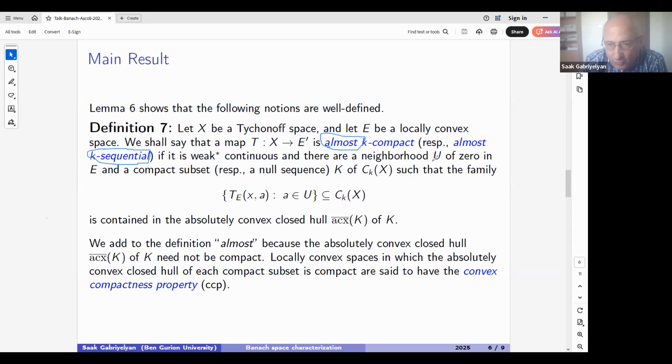And there are a neighborhood U of 0 in E and a compact subset, related to K compact, and respectively a null sequence, related to K sequential, such that the image of this neighborhood is contained in the absolutely convex closed hull of this compact set.